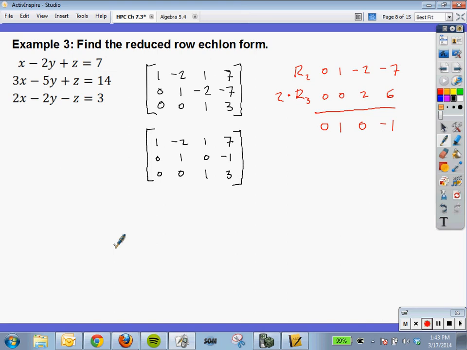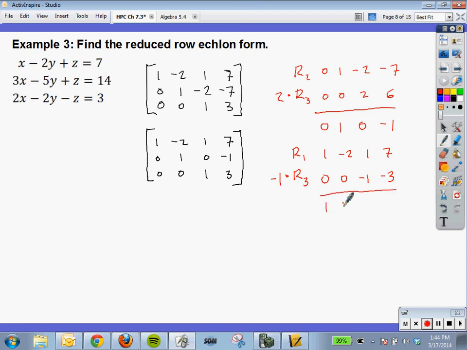And so I'm going to add row 3 and row 1 together. I'm going to multiply row 3 by a negative. And so we have a 1, -2, 1, 7, and a 0, 0, -1, -3.